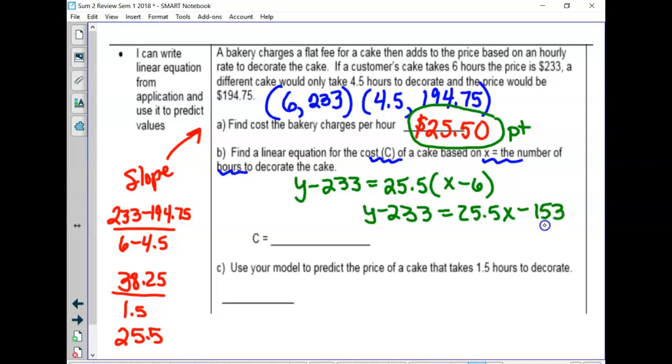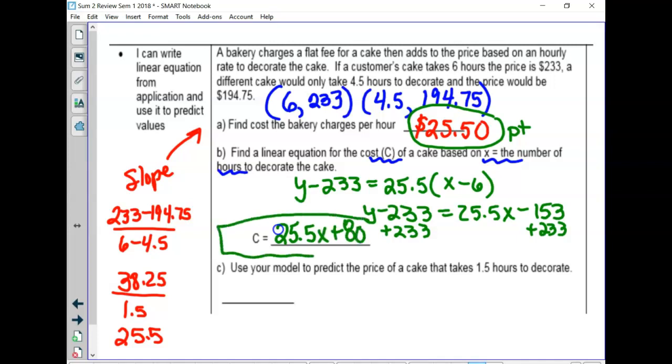Plus 233. Is that positive 80? So we get 25.5x plus $80. $80 for the cake. Yeah, I hope it's a darn big cake. Use your model to predict if it takes an hour and a half to decorate. So 25.5 times an hour and a half plus $80 gives us some cost.